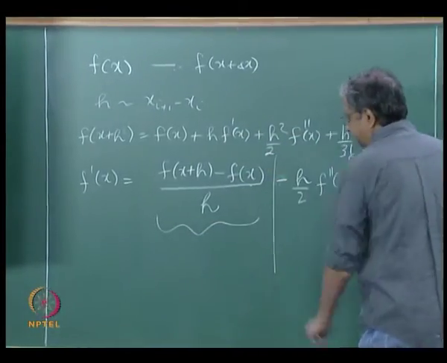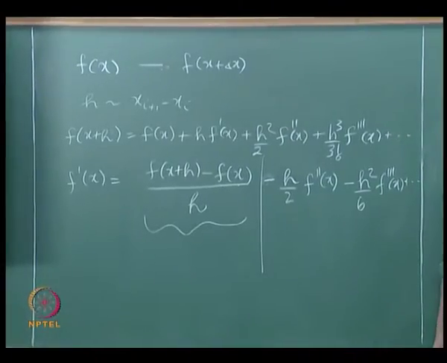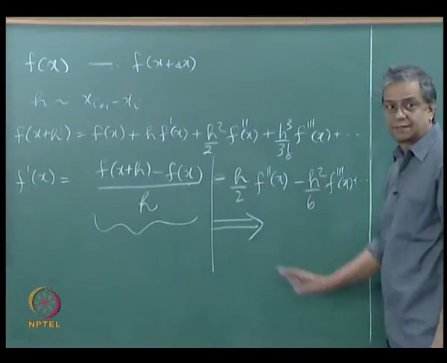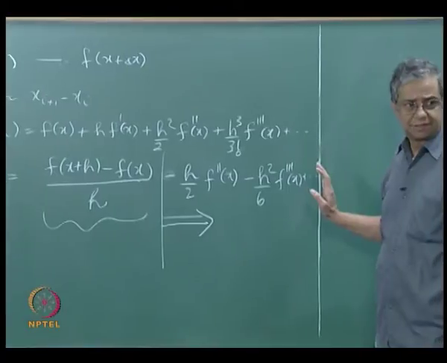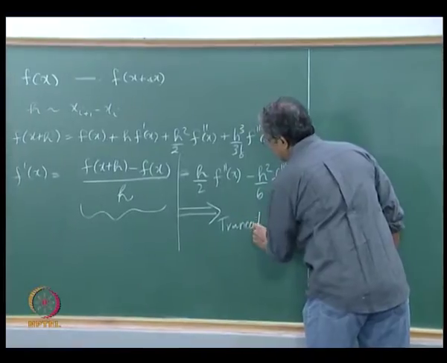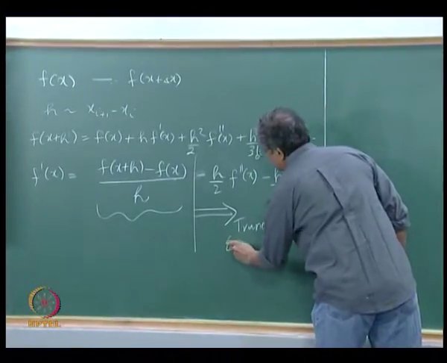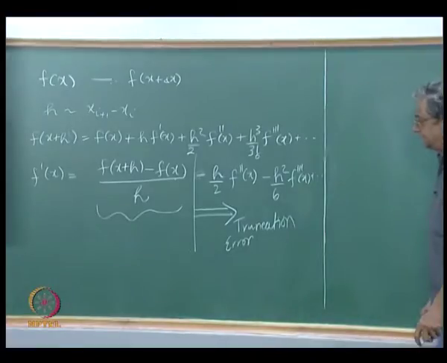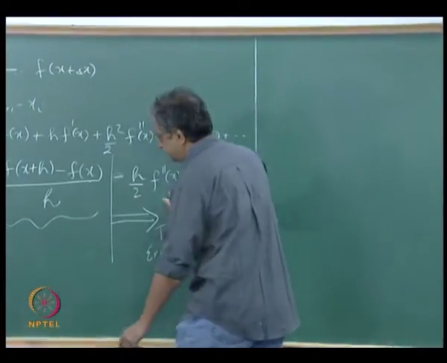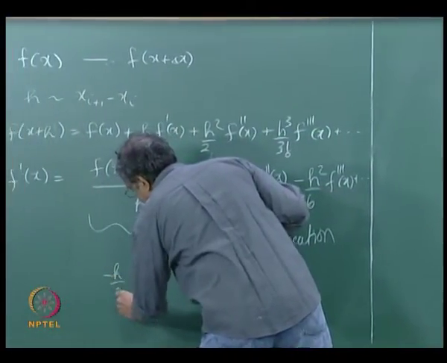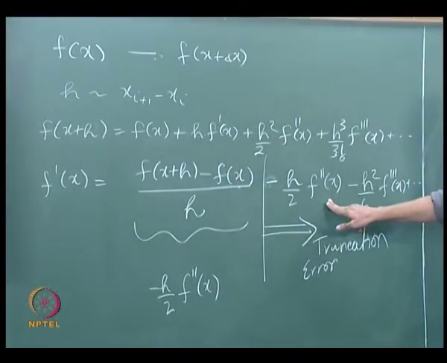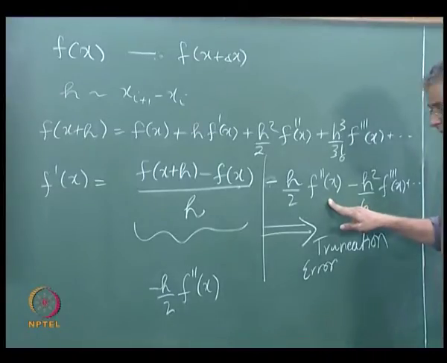I will truncate the series at that point. This error, all the terms that I have truncated, is called the truncation error. The order of the truncation error is indicated typically by the leading term, which is minus h by 2 times the second derivative of x. Is that fine?